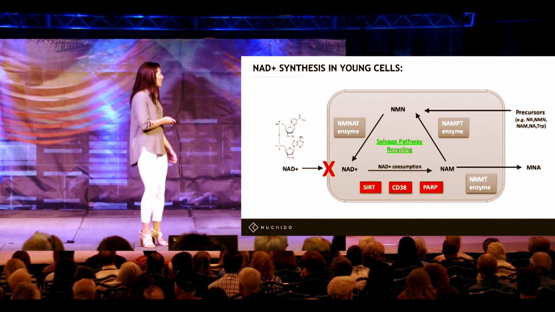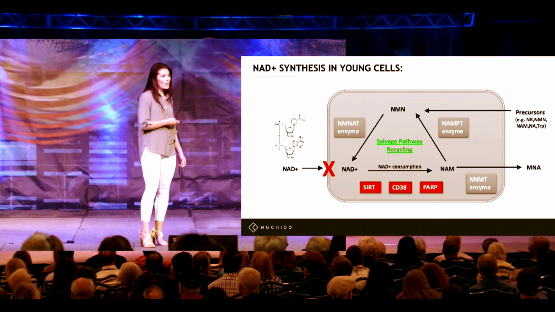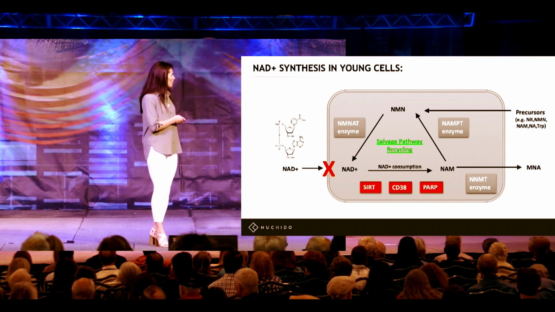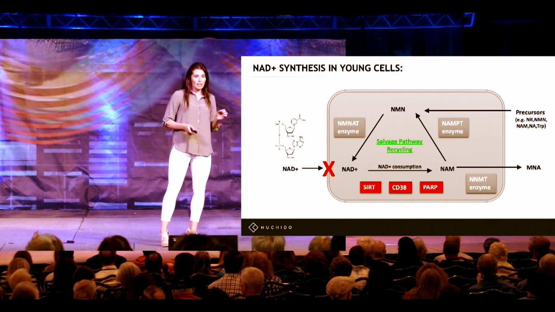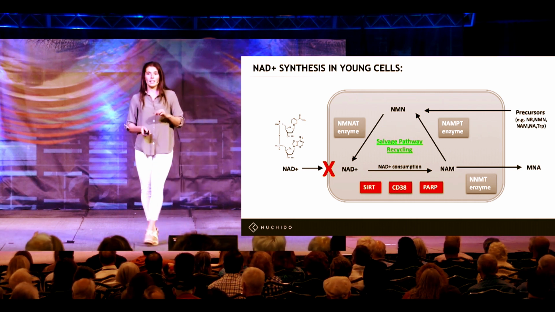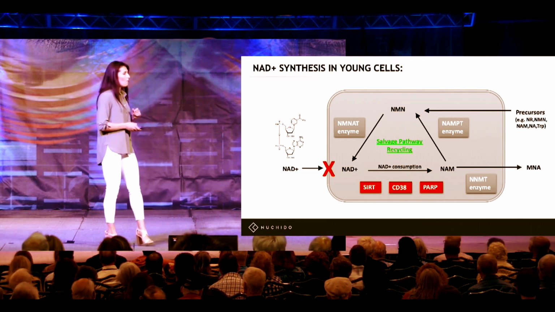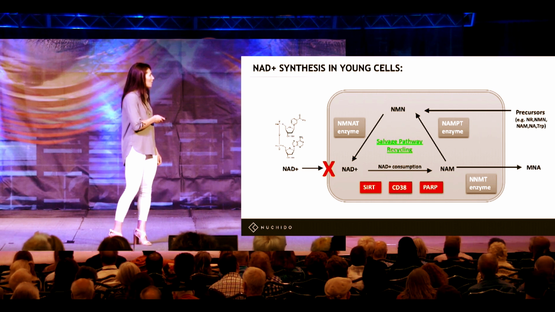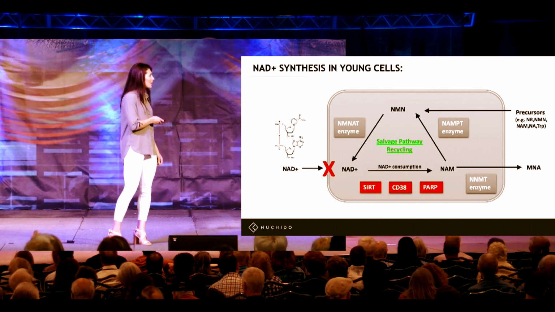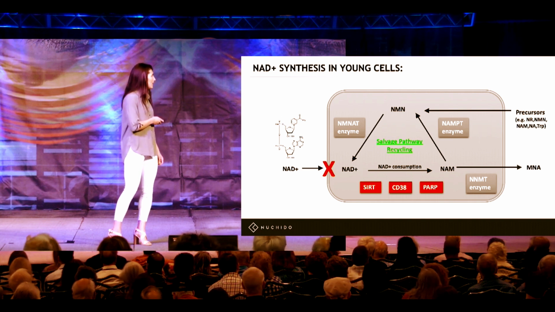And then this converts the NAD into a waste product called nicotinamide, which is abbreviated here as NAM. In young cells, this nicotinamide is then very, very efficiently recycled via a pathway called the salvage pathway. And basically, it converts this waste product back into useful NAD.